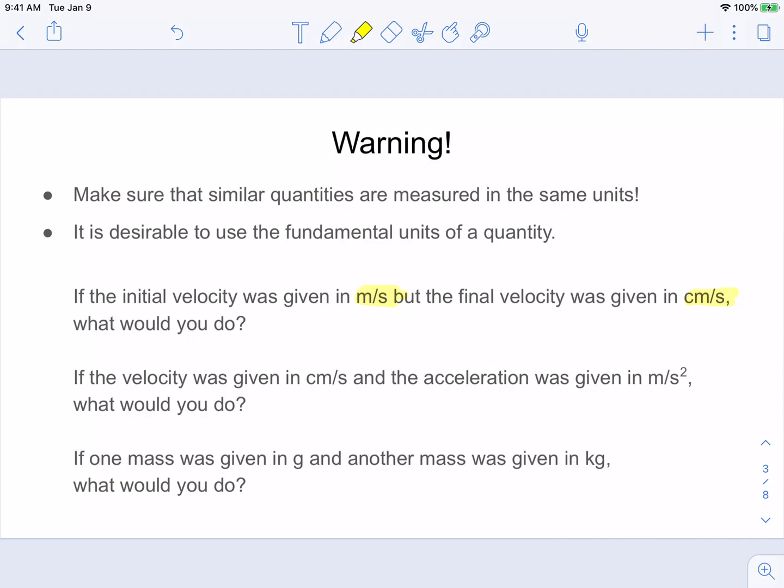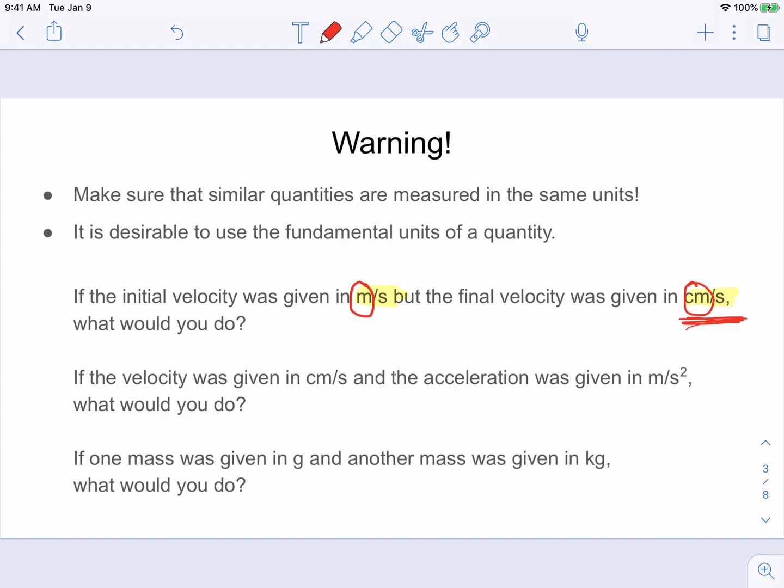Well, this is an example where you can see seconds are in both of them, so the time reference is the same unit of seconds. But we have meters in the numerator here and centimeters in the numerator over there. They don't agree.